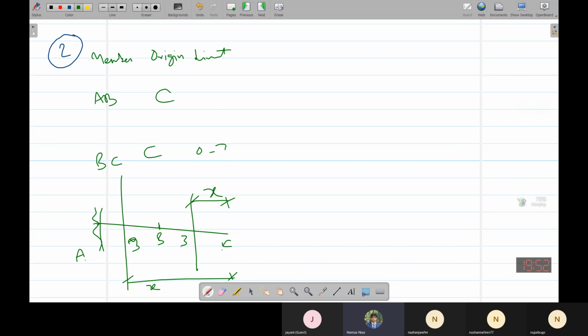BC portion is 0 to 3, and AB portion is from B to A, but we are taking the distance from point C, the origin. So our distance will be 3 to 6.